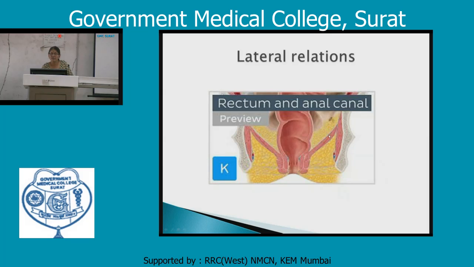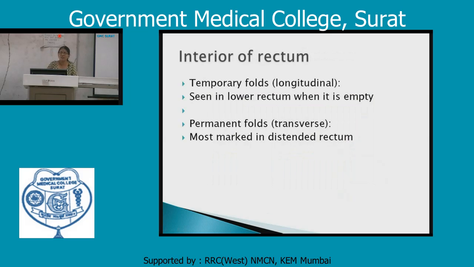So the lower part of the rectum is laterally related to the levator ani, and in the upper part to the coils of intestine and sigmoid colon. So these are the relations on all the aspects.